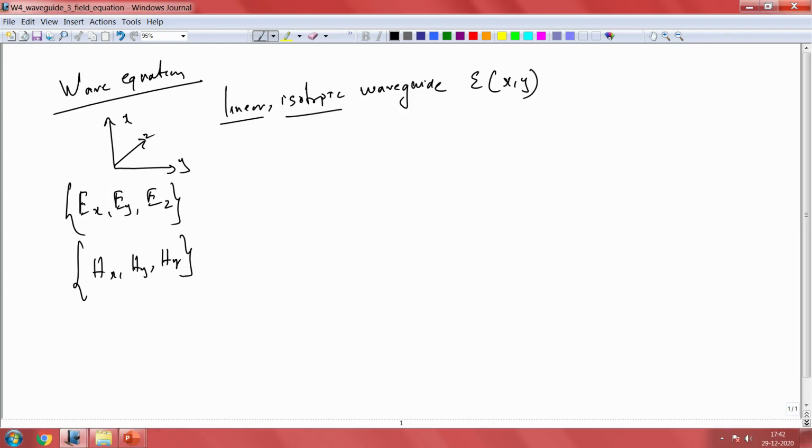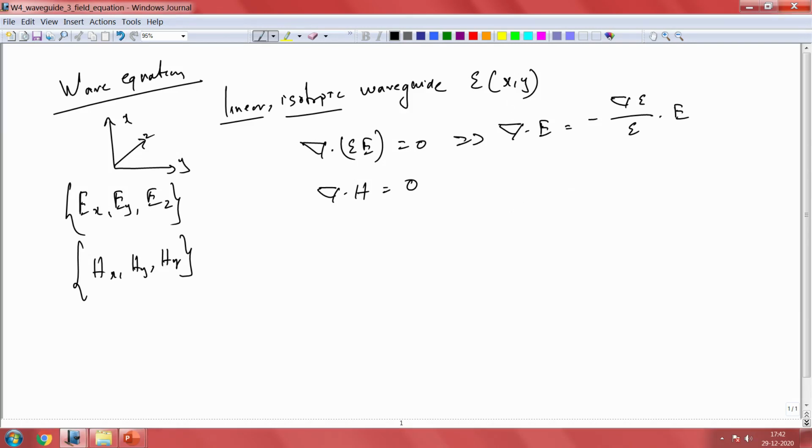There are two Gauss laws we are going to use for E and H, and taking those two Gauss laws, we can write del dot E equal to minus del epsilon times E, and del dot H is going to be 0. Right. So, del dot E will not vanish in general, okay, because epsilon x y is spatially dependent, all right. So, that is something we should keep in mind.